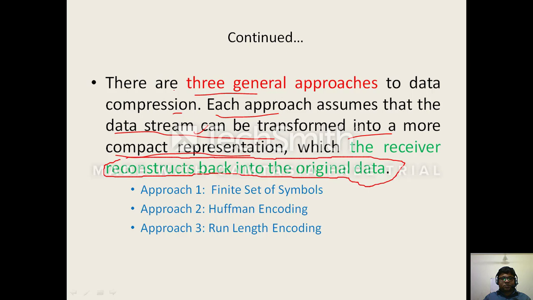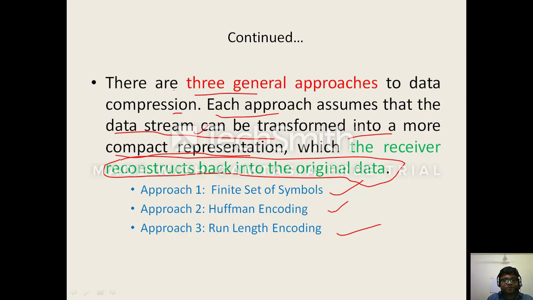Approach 1, finite set of symbols. Approach 2, Huffman encoding. Approach 3, run length encoding. Let us see these three approaches one by one.